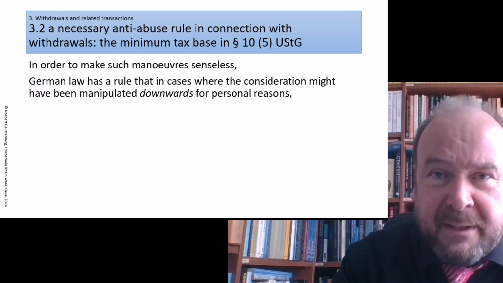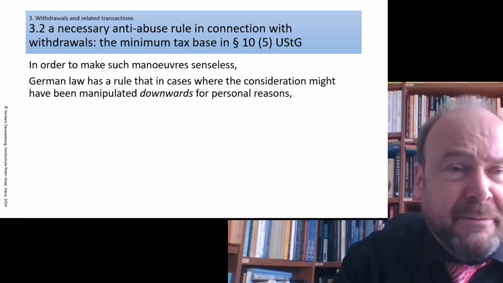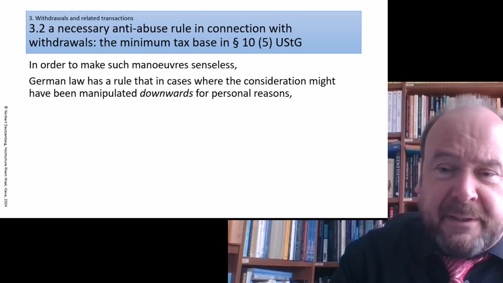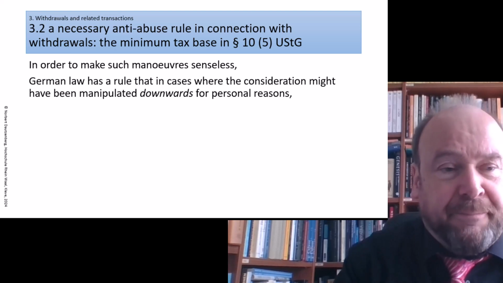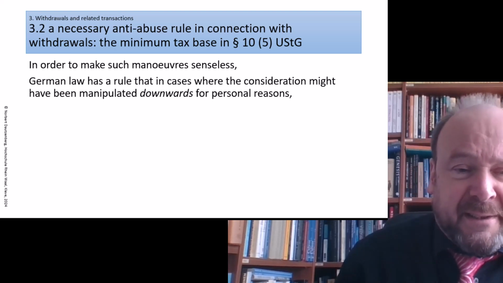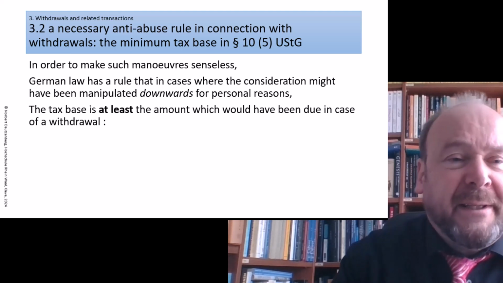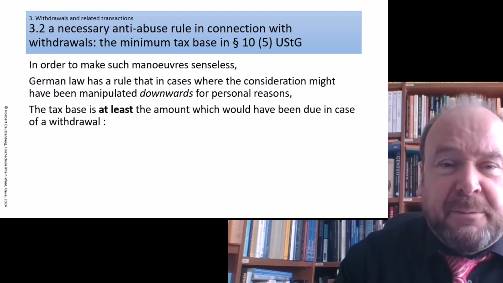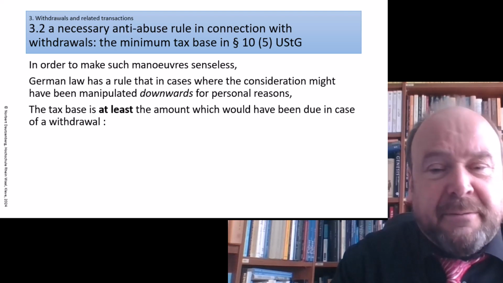For example, the buyer is my son, my daughter, a close friend. For personal reasons, I take a far lower sales price than justified. So the German rule then says if that suspicion is justified, then we declare the withdrawal tax base 10.4 to be the minimum amount which is relevant in case of a withdrawal.